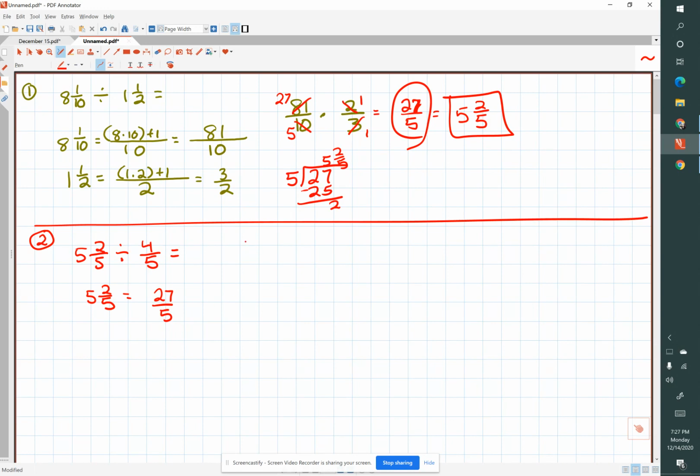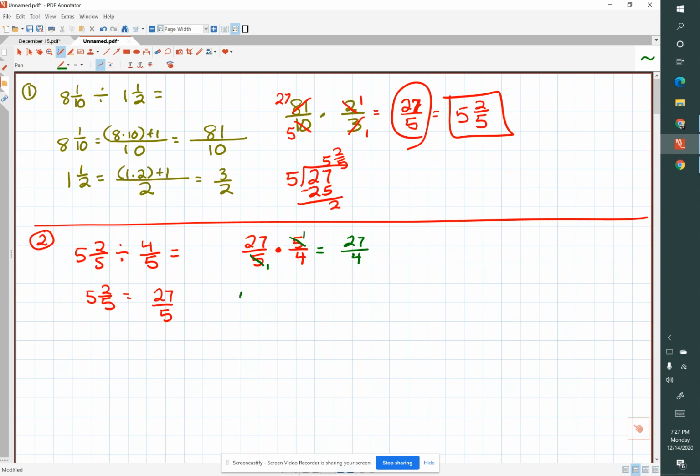And so we will do our keep change flip, change the division to multiplication, multiply by the reciprocal. 27 and 4 we cannot simplify, but 5 and 5 become 1, which gives us 27 over 4.